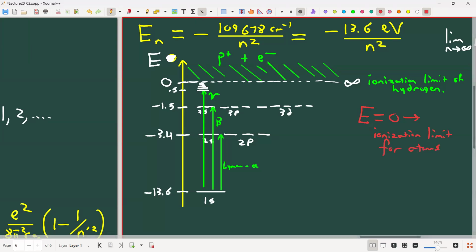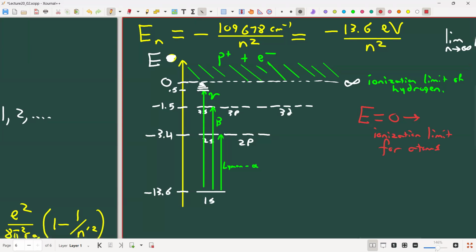We could write it any way we wanted. We could set this to be 0 and then the ionization limit to be plus 13.6. That's totally fine too. Nothing wrong. Cool. So that's our hydrogen spectrum, as far as we know.